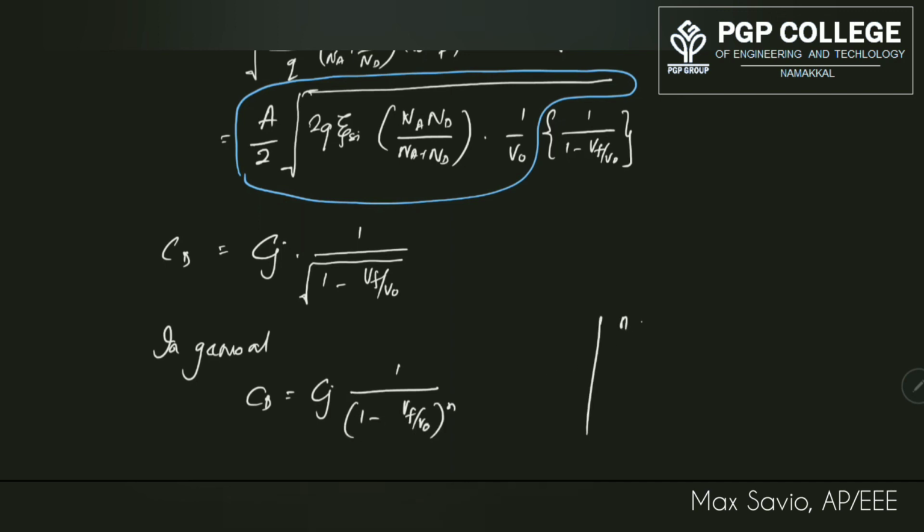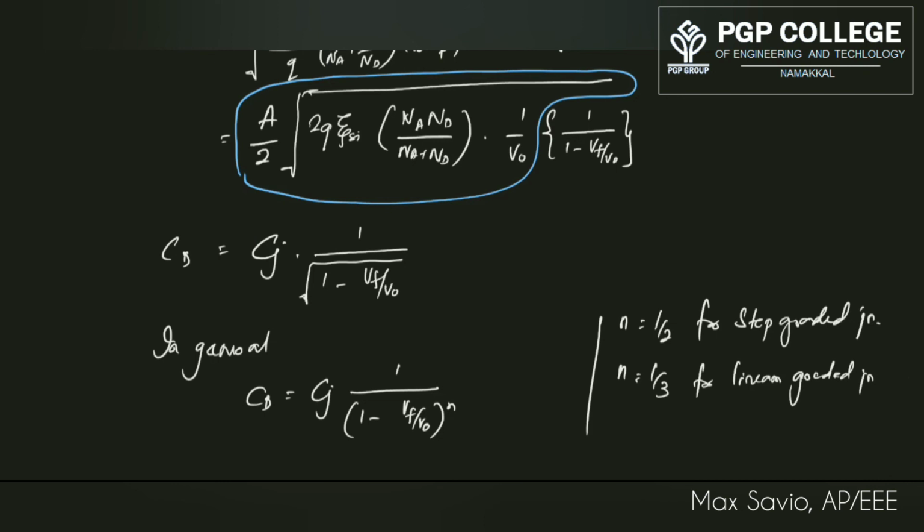And n, as I told you, is 1 by 2 for step graded junctions, and 1 by 3 for linear graded junctions.